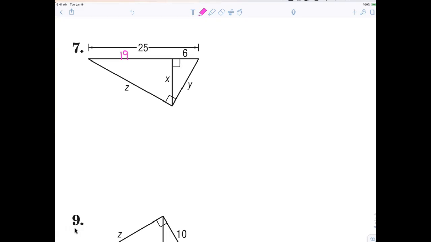25 minus 6 today is 19, not 11. So here we go. So I have, again, I'm missing the x. So x and 19. So I'm going to say x over 19, short leg, long leg, and then that would be 6 over x.